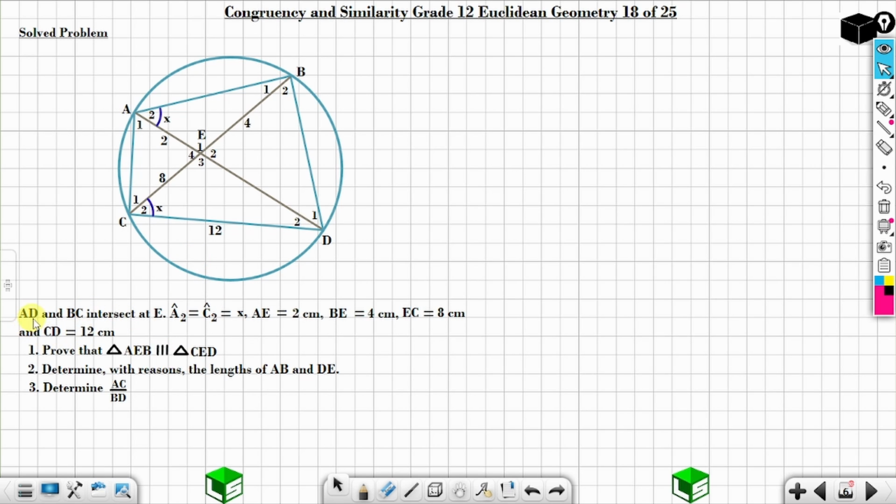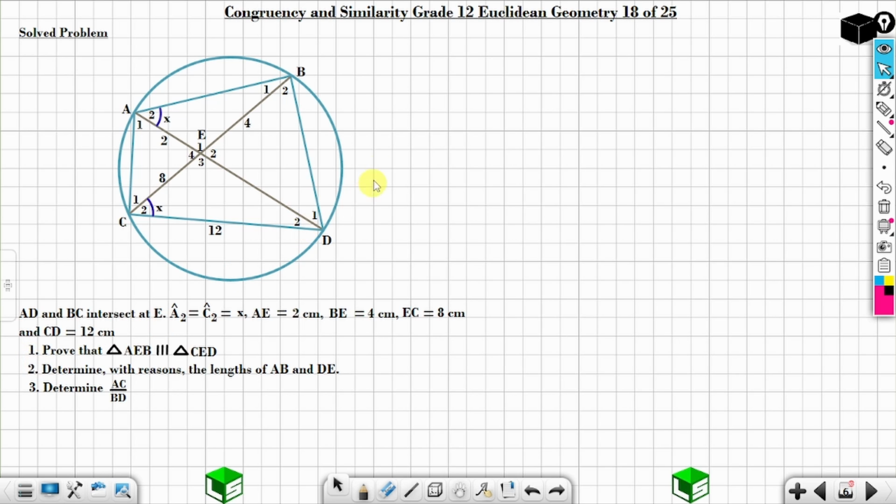You are given AD and BC intersect at E. You are given angle A2 and angle C2 equal to x, and you are given AE is equal to 2 centimeters, BE 4 centimeters, EC 8 centimeters, CD 12 centimeters.